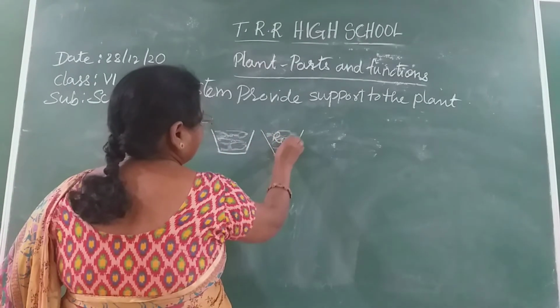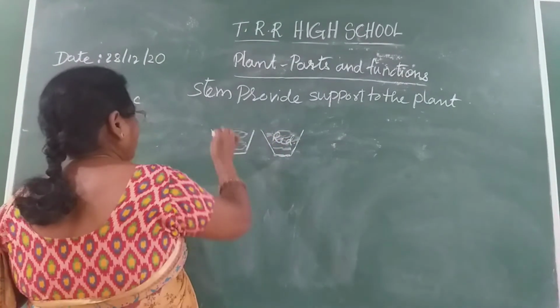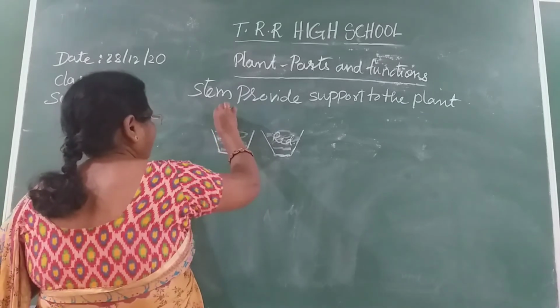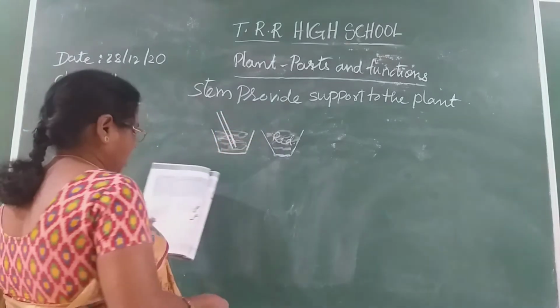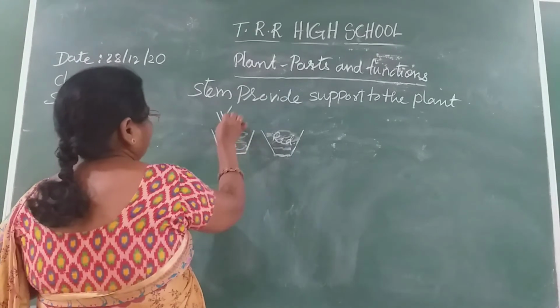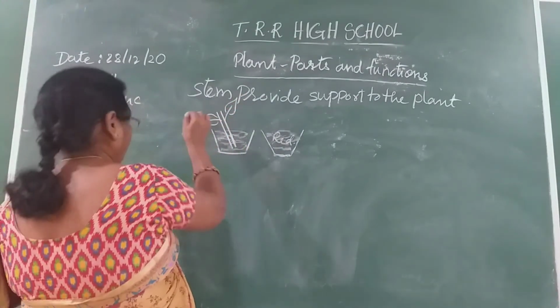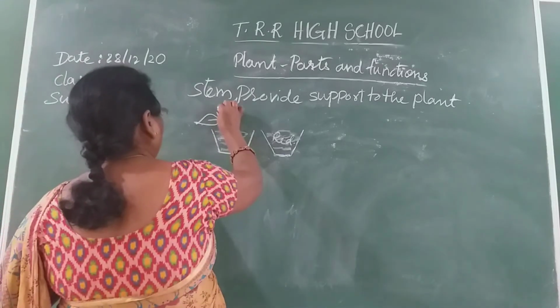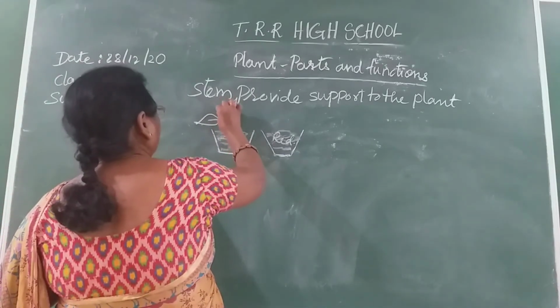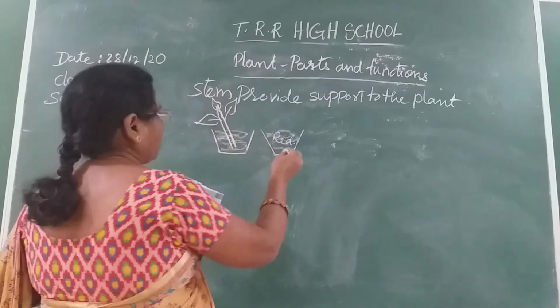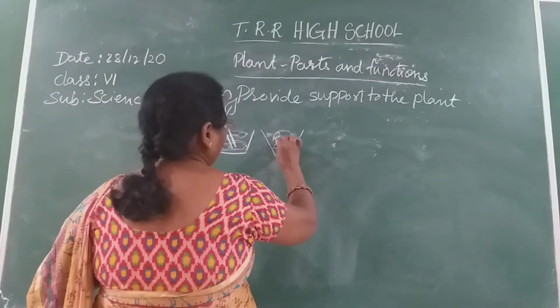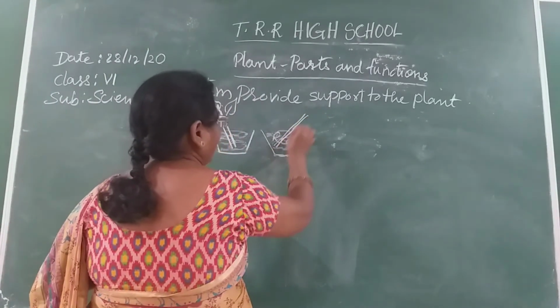Add red ink in one of the tumblers. Only you are taking the stem, the twig along with the stem. You are taking that weight along with the stem, that much only. In this also you are keeping the stem part.